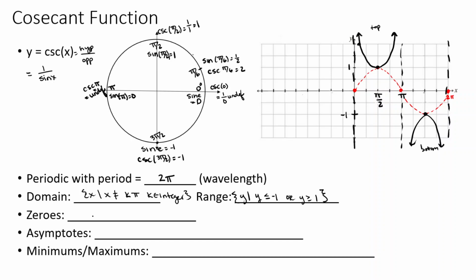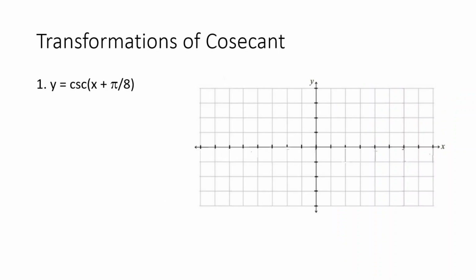There are no zeros. It never crosses the x-axis unless we have done a vertical shift. And my asymptotes are at the same places where we're not in the domain. All right, so let's do a transformation of this and get some practice.